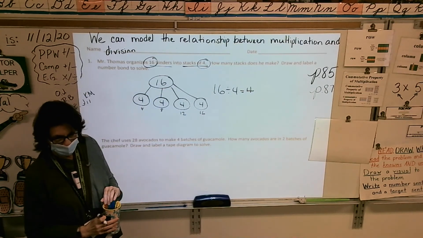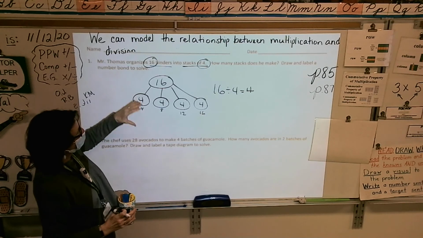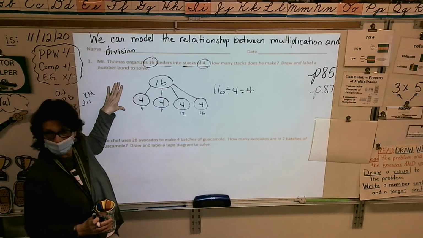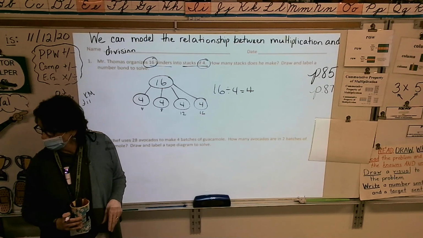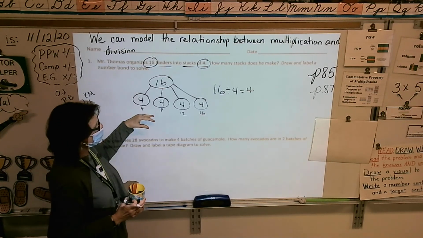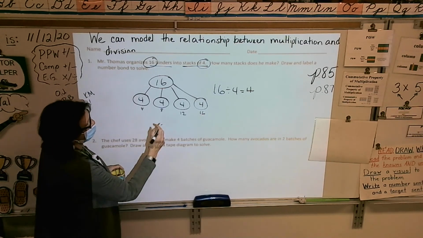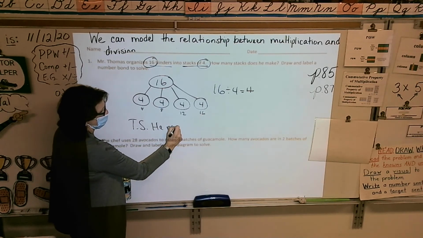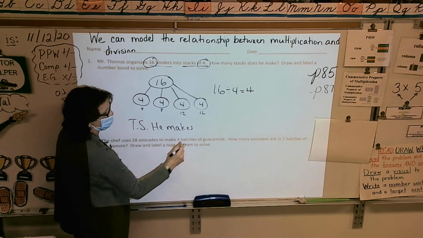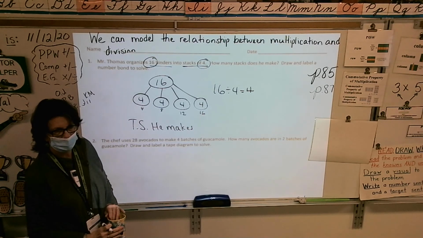Yep. Very good. So actually, boys and girls, this is yet another picture that you can draw when you're doing multiplication and division. 4 groups, 4 in each group. And how many stacks does he make? Look at your tape or your number bond. How many stacks does he make?